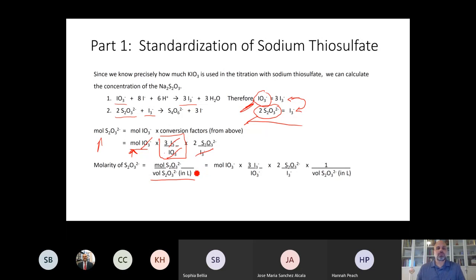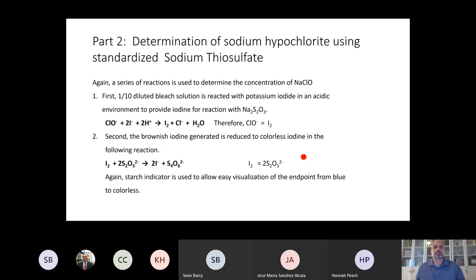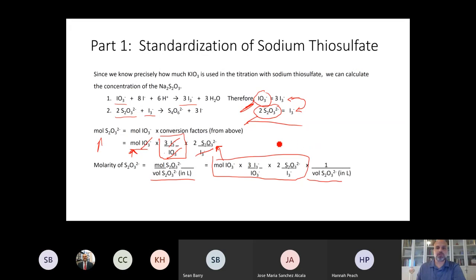This part of the equation is just the same part that we just calculated here, and then you just multiply by one over the volume to calculate your concentration in the reaction. So once we've done that, we have our known concentration of our thiosulfate solution.